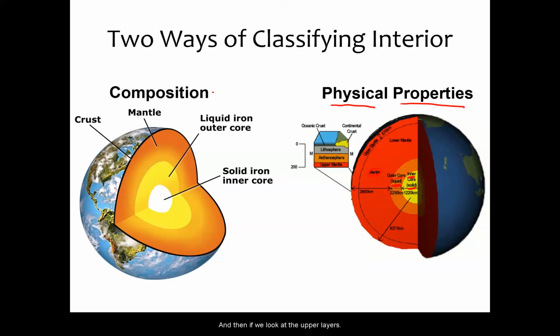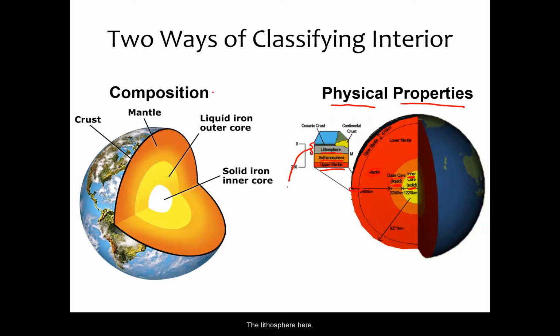And then if we look at the upper layers above this part of the mantle, we've got a few different layers. We've got the lithosphere, the asthenosphere, then the upper mantle, and finally the lower mantle underneath that. So the mantle is still there, but the name crust has disappeared. The crust, if we think about that compositional part, is just part of this lithosphere.